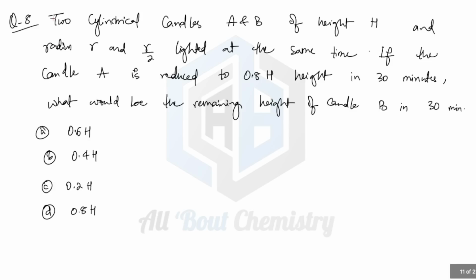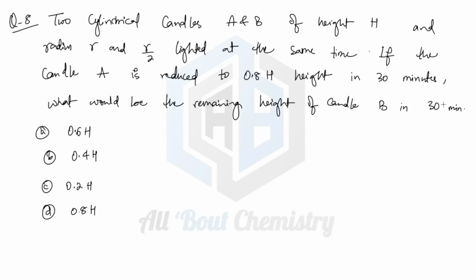Then there was a question in which two cylindrical candles, A and B, were of height h and radius r and r by 2. They were lighted at the same time, and if candle A is reduced to 0.8 h height in 30 minutes, they were asking what would be the remaining height of candle B in 30 minutes. Understand that they have asked how much is the remaining height of candle B, not how much candle is burnt.